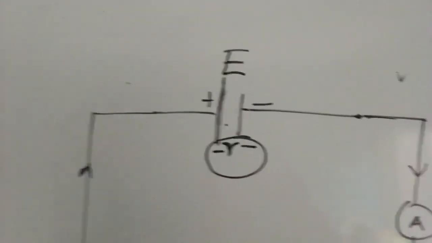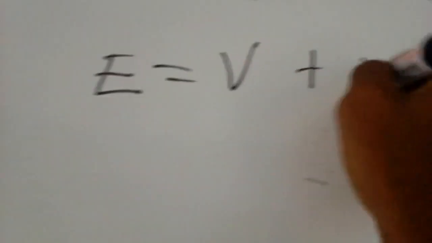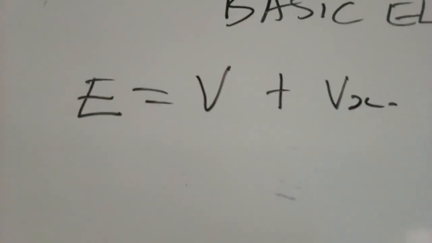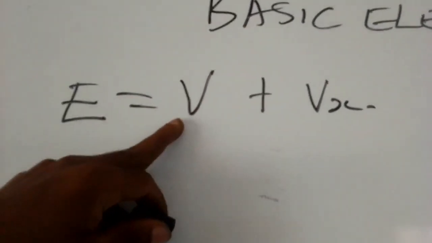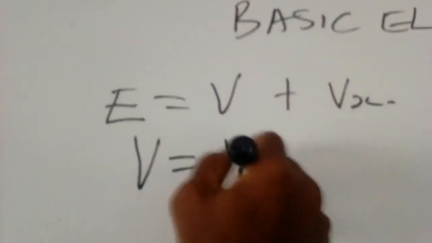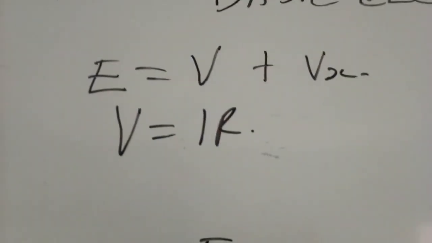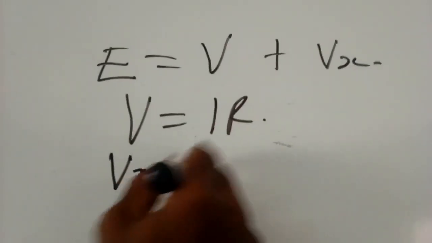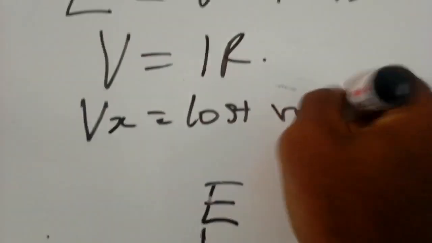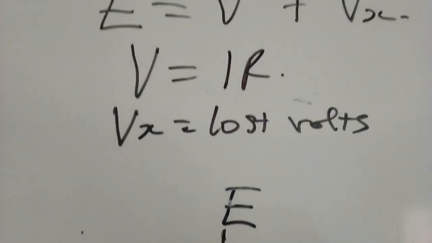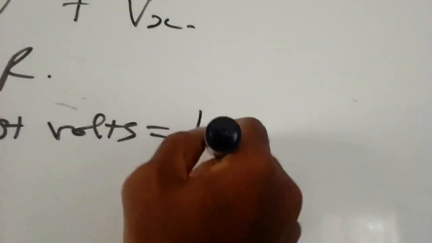And this EMF is given by the formula E equals V plus Vs, where V is the potential difference measured by the voltmeter. Remember, I said that V is IR according to Ohm's law. Then Vs is called lost volts in the battery. And that Vs is given by current times internal resistance.